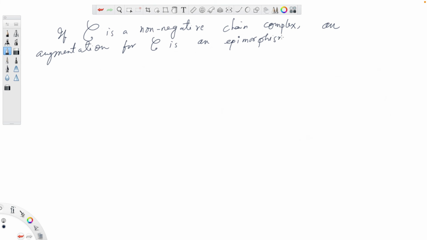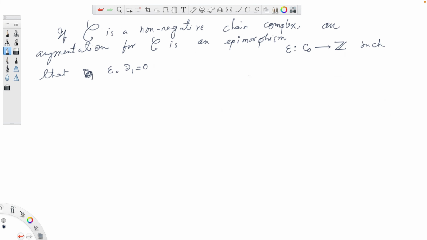First of all, there has to be an epimorphism denoted by epsilon, which is a map from the 0th chain group C_0 to the additive group of integers, such that epsilon composed with del_1 is equal to 0.